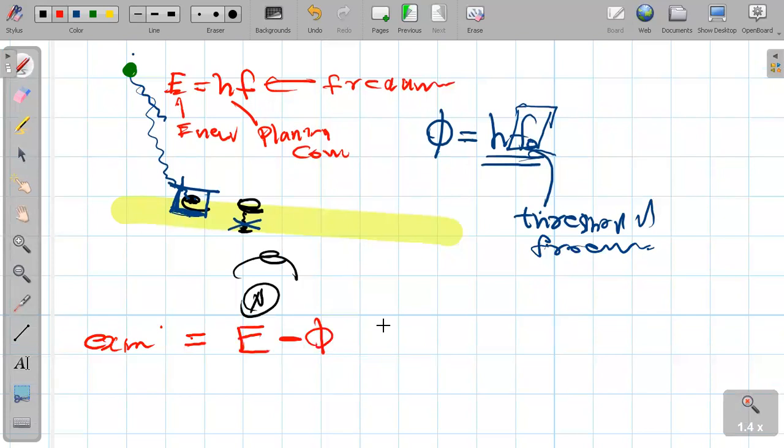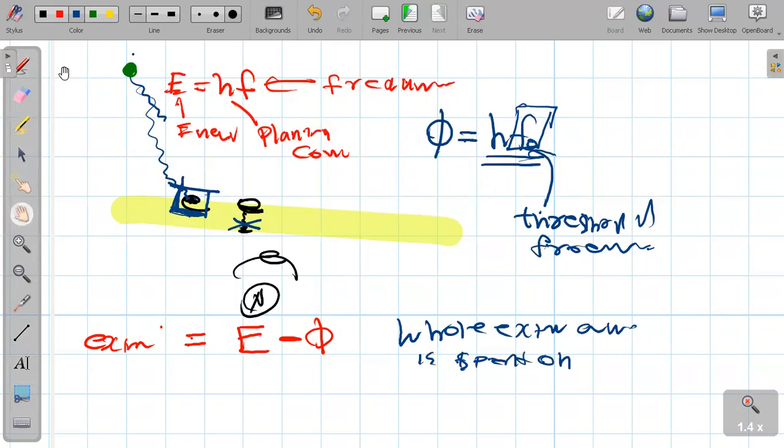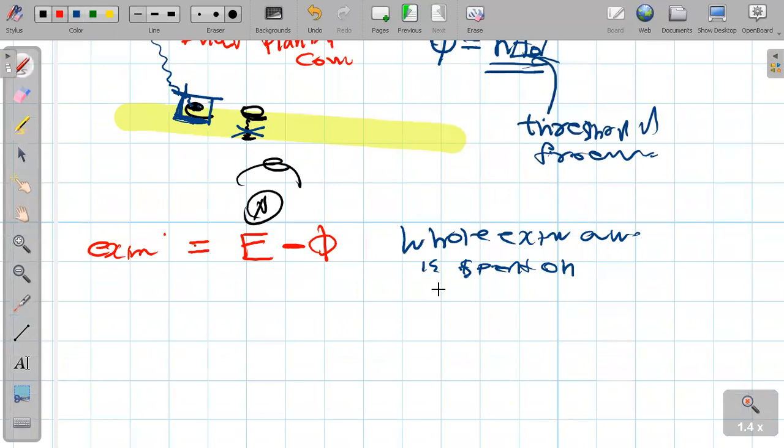The whole extra amount is spent on what? Kinetic energy. That's called maximum kinetic energy, so it's called K max. So finally we can get K max equals E minus phi.